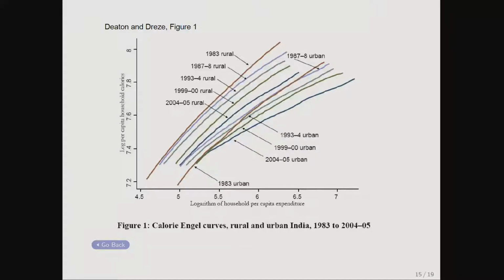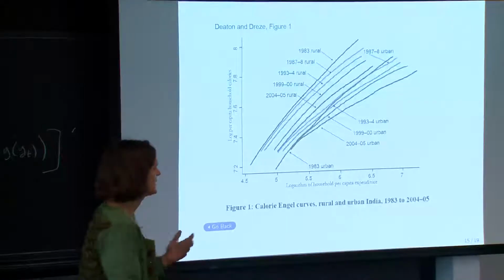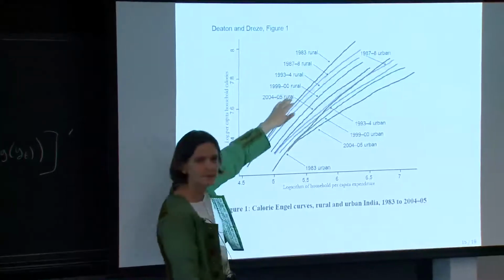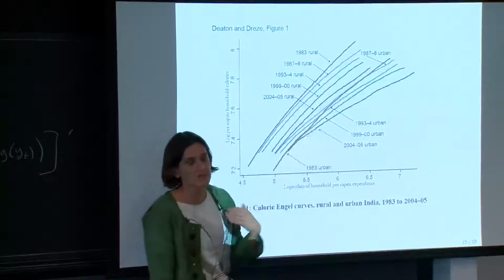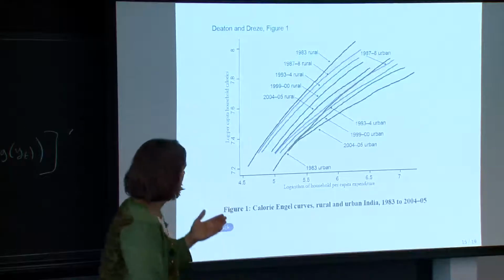And what they find is that the Engel curve, the curve that links how many calories a household consumes with how much capita expenditure they consume, falls over time. And in rural areas, it's larger than in urban areas. That makes sense if you think that rural people do more physical work, so they need more calories.